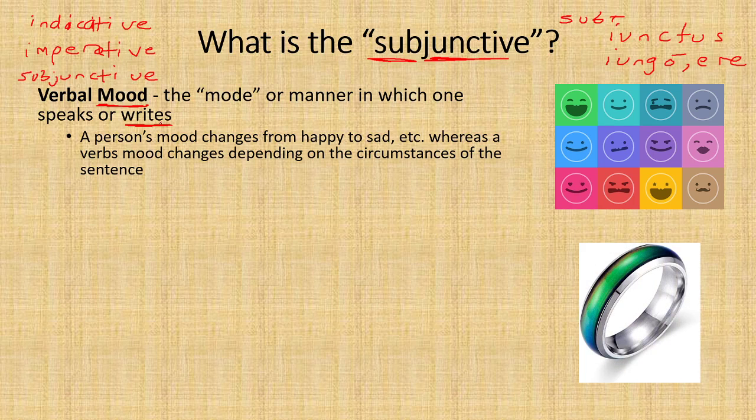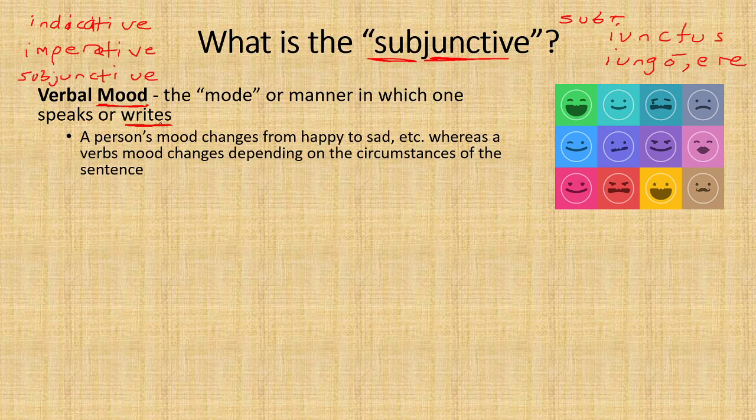I have a couple examples here of different emojis. As your mood changes, whether you're happy or sad or crying or angry, it changes your disposition. You're still the same person, but how you act and how you feel changes quite a bit.